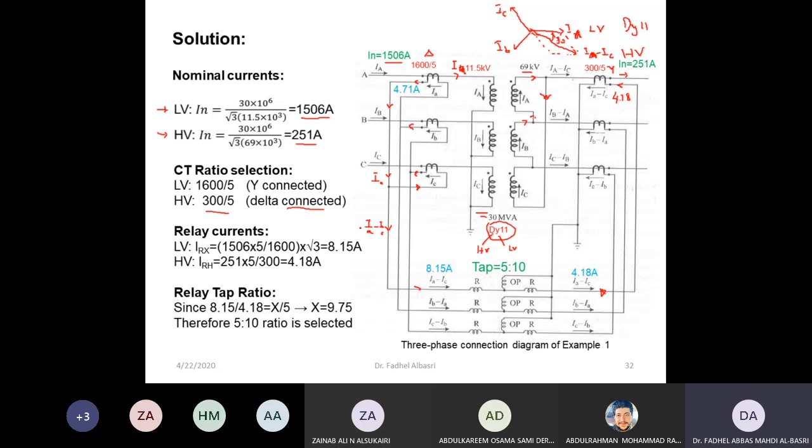But this is not the current that will go to the delta side connected. This is the current that goes to the relay. It is not 4.71. It will be 4.71 times √3 because this is connected as delta.